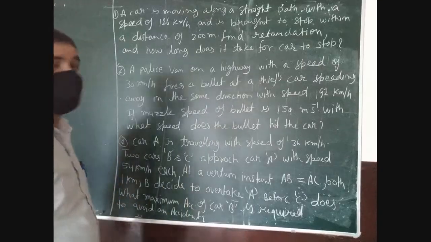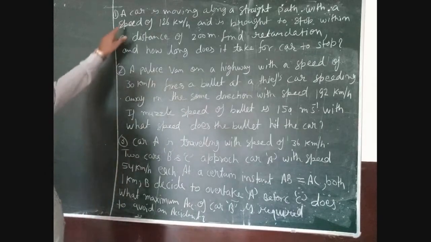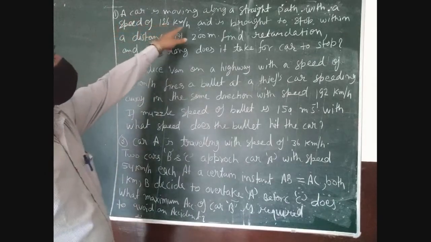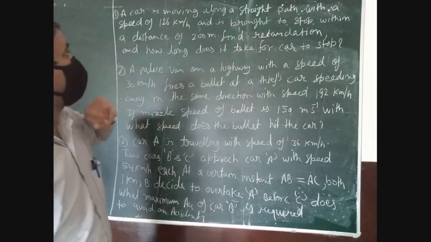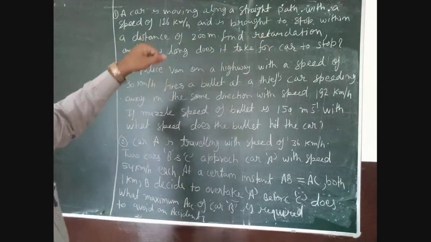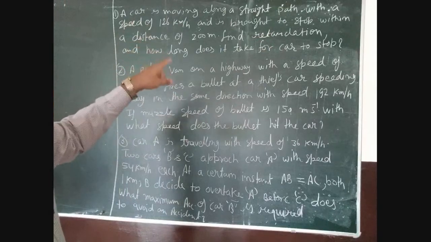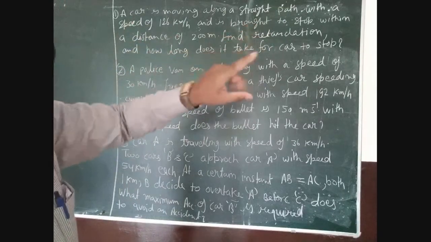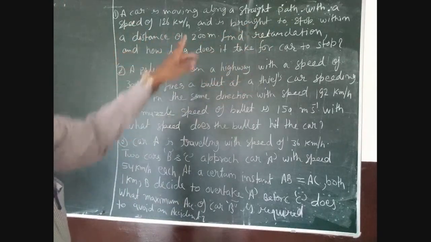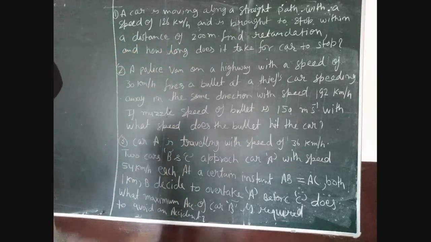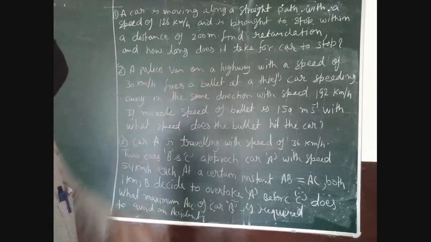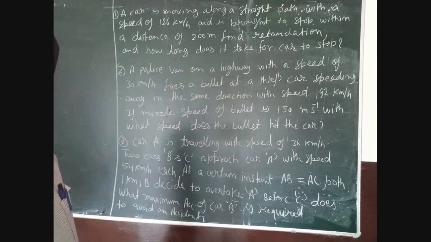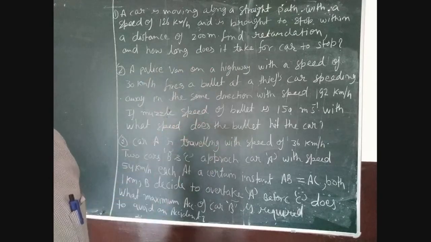Okay students, first question we have: a car is moving along a straight path with a speed of 126 km per hour and is brought to stop within a distance of 200 meter. Find the retardation and how long does it take for the car to stop.